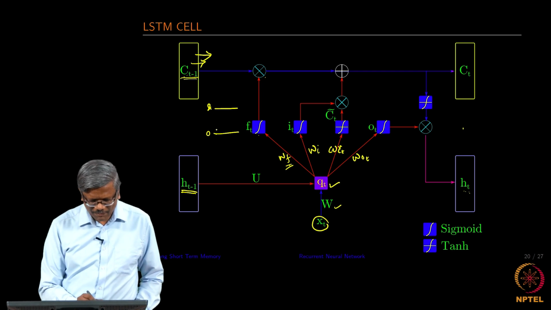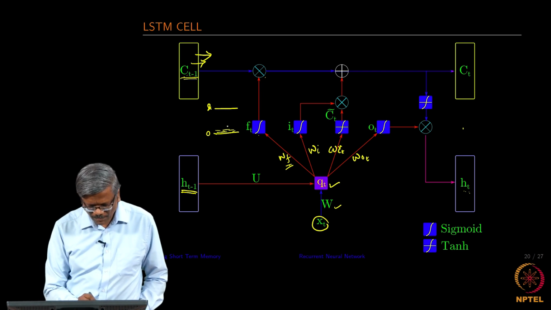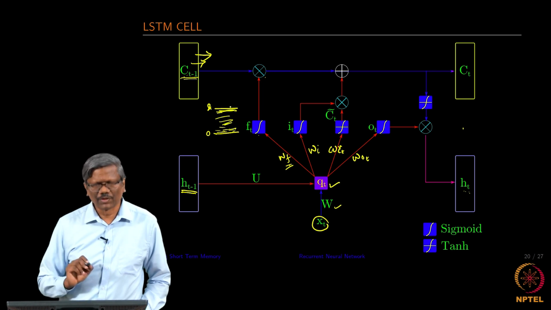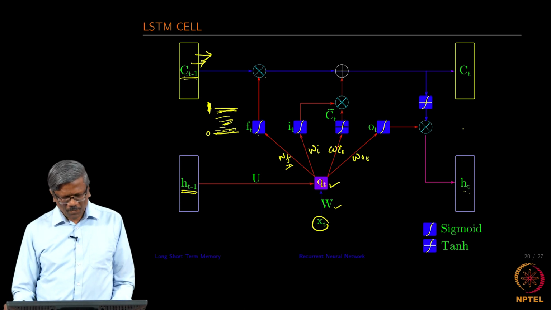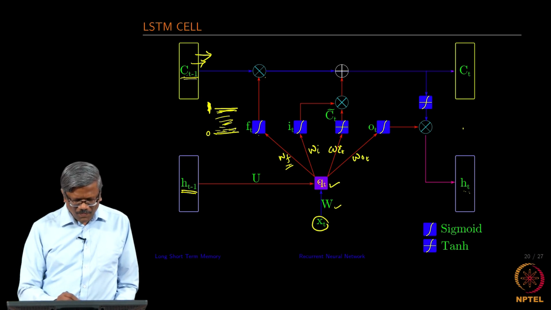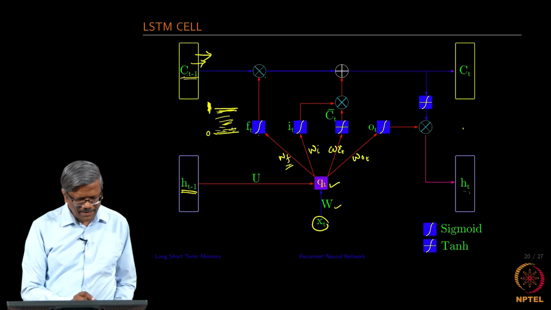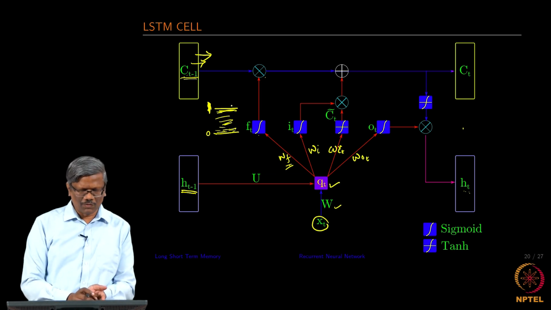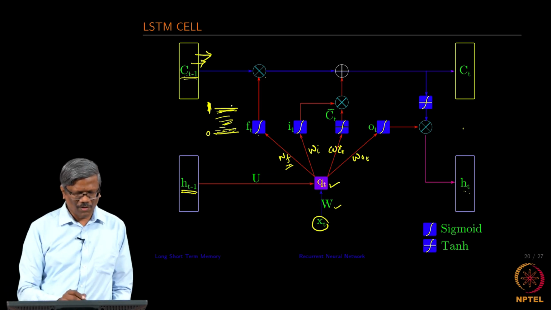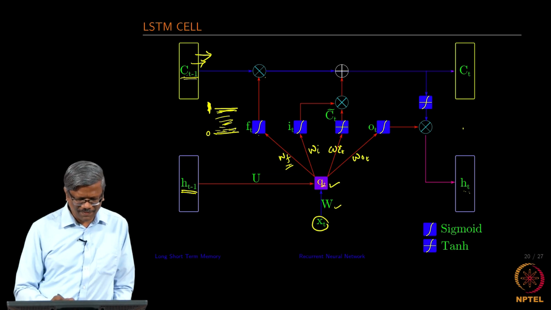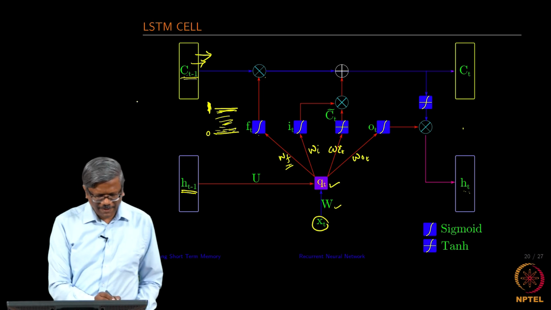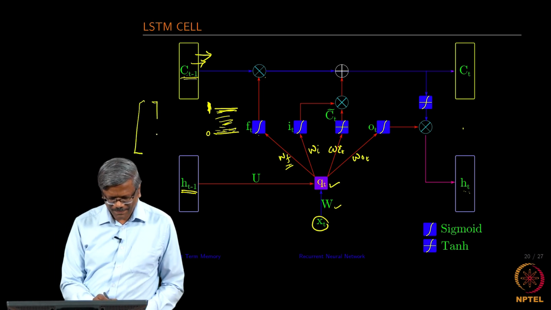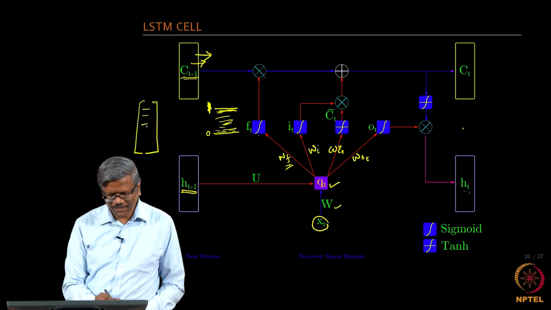So, there will be values which are closer to 0, there will be values which are in between, and there are values closer to 1, right. So, FT is computed using that, and then you have mapped those values of the dot product into 0 and 1. So, this is a vector of this size with some values.